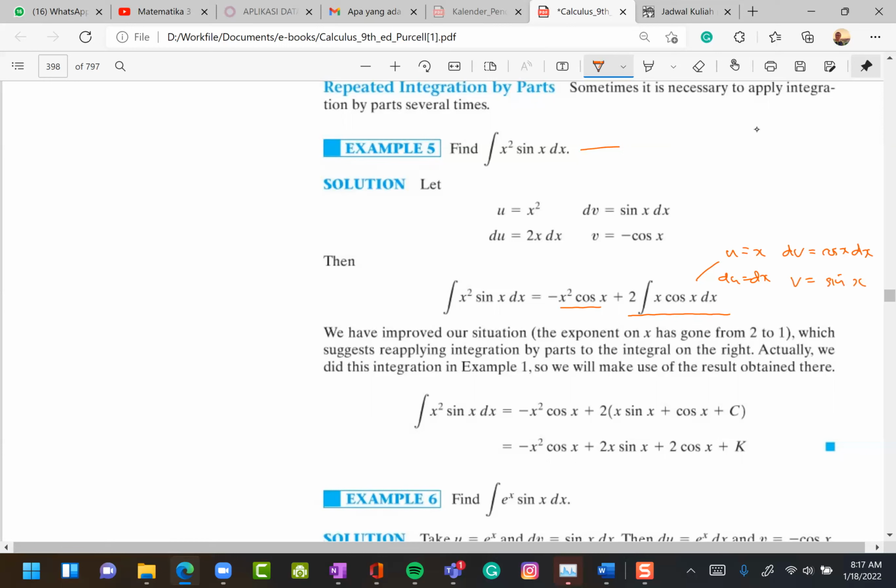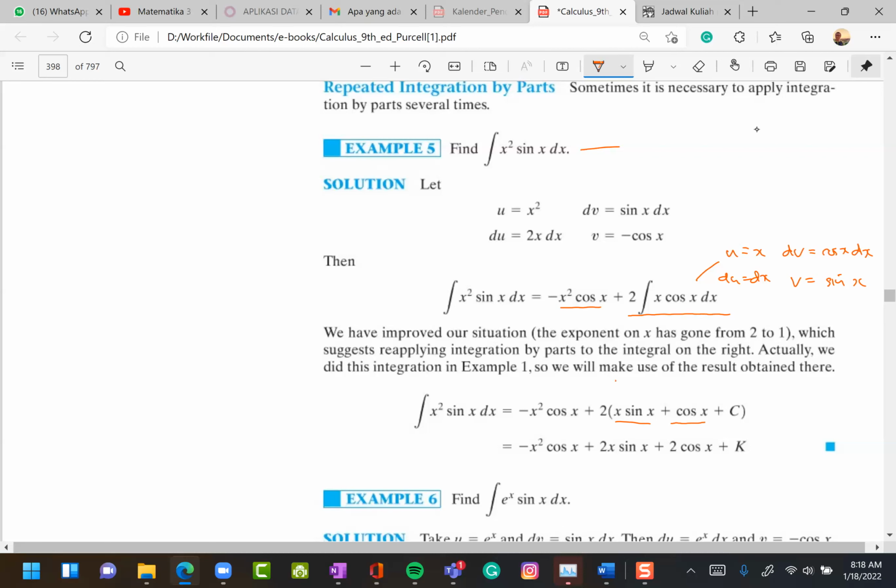So we have uv, x sine x here, plus the integral of v du, the integral of sine x dx. The integral of sine is negative cosine, and this becomes plus.